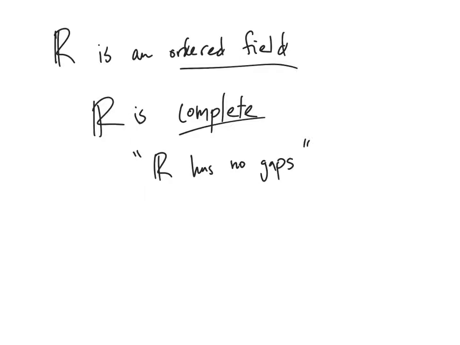That's what I would call gaps in the set of rational numbers. But the real numbers are not that way. The real numbers already include any possible number that you could think of. There are no other things in between the real numbers.